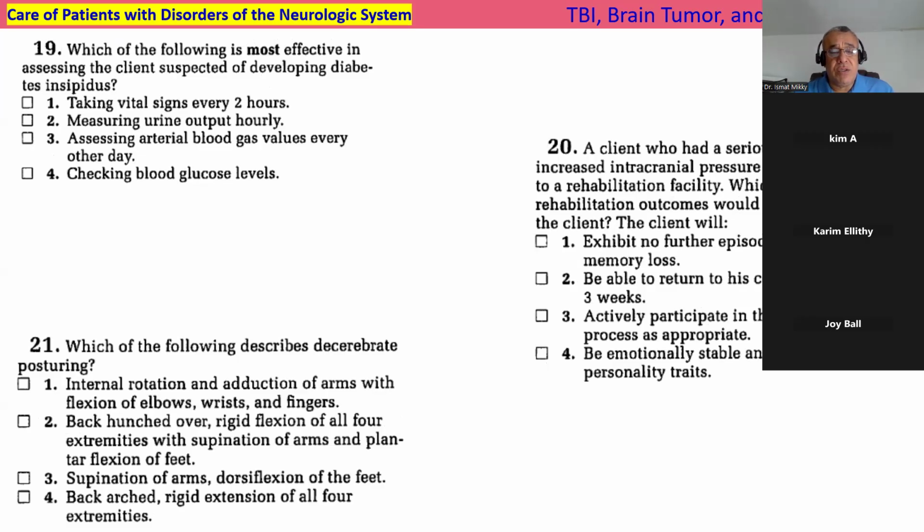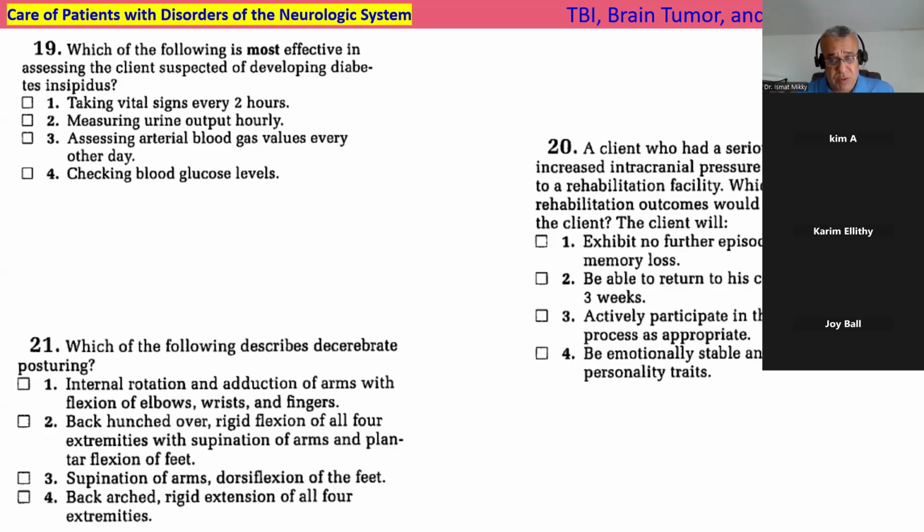Which of the following is most effective in assessing the client suspected of developing diabetes insipidus? I believe that we are going to cover this under the endocrine system disorders. But for now, the answer is 2, because diabetes insipidus has to do with the ADH hormone.